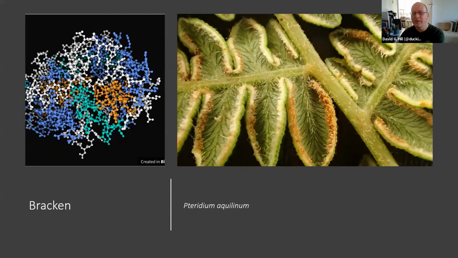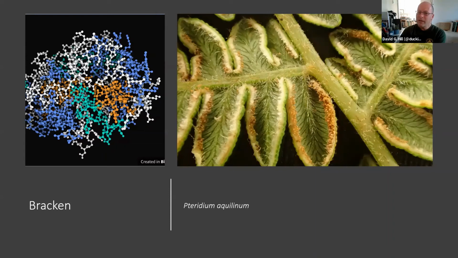So it causes bright eye in sheep and cattle, blindness in horses, which is why it's not loved by graziers. It's also got a whole raft of chemicals that it can use against insect predators.